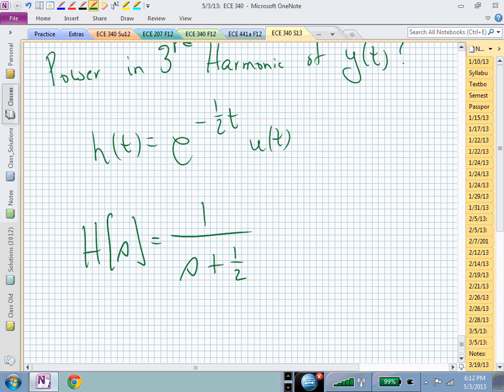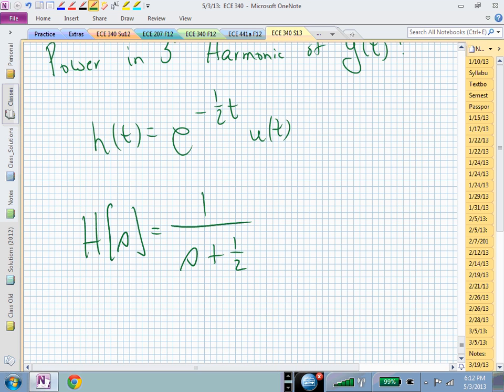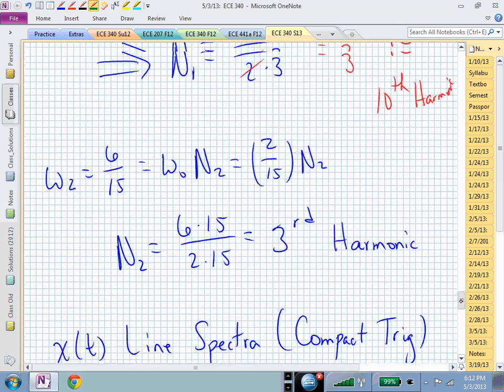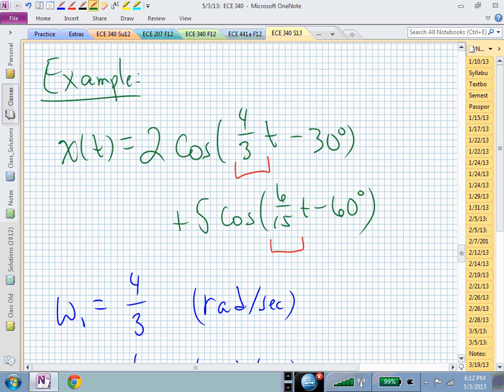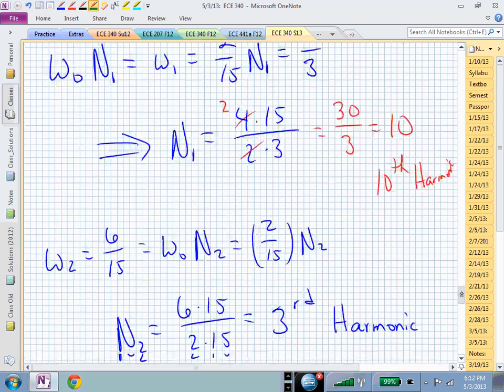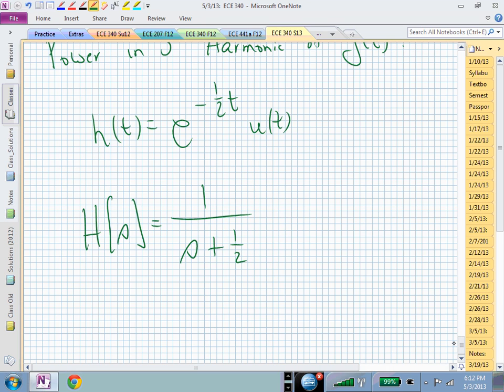Now, what do we want? Does this even give us any helpful information, this capital H of S? Am I just chasing a rabbit? So now if we're in sinusoidal steady state, well, we're assuming that this x of t has been applied forever, aren't we? So now we're going to assume that this system is now in a sinusoidal steady state setting.